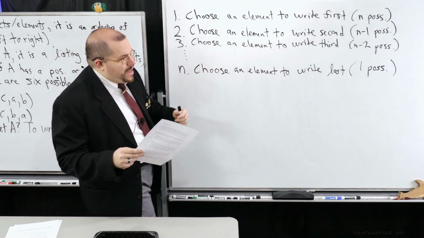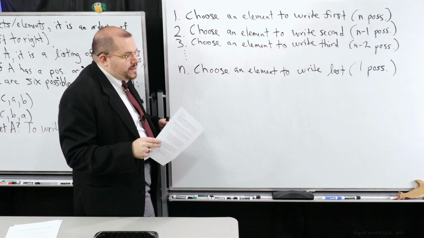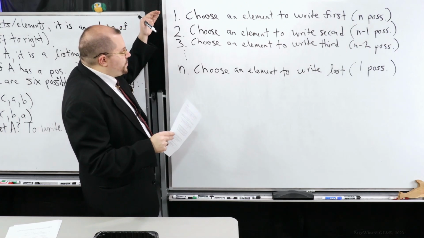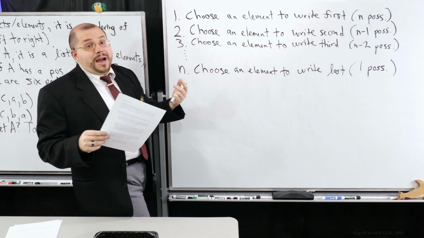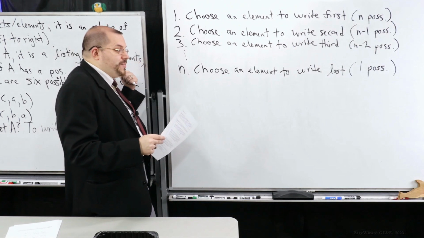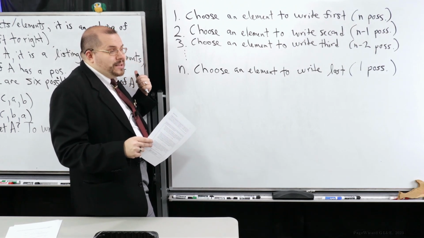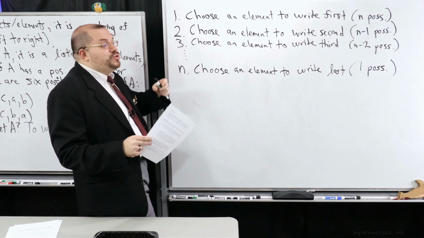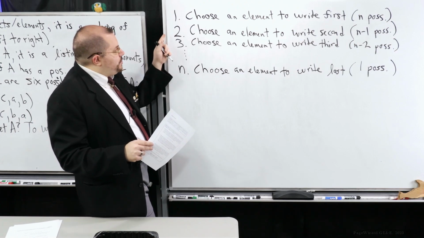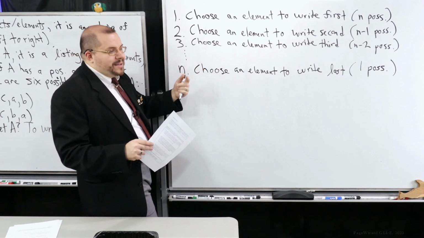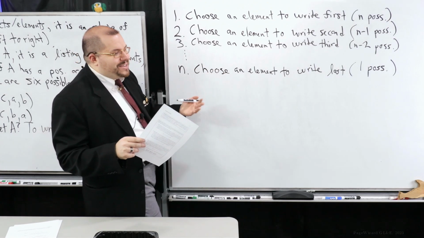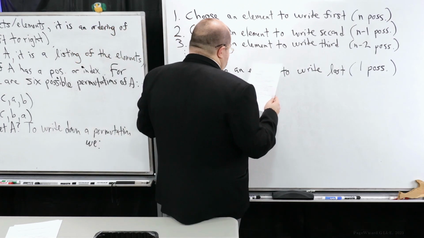They're always going to be n minus 2 many elements left, and so on. It doesn't matter which element I pick from A, I lose one element I can use. So in step 2, I have n minus 1. It doesn't magically change to anything else. So we can use the multiplication principle.